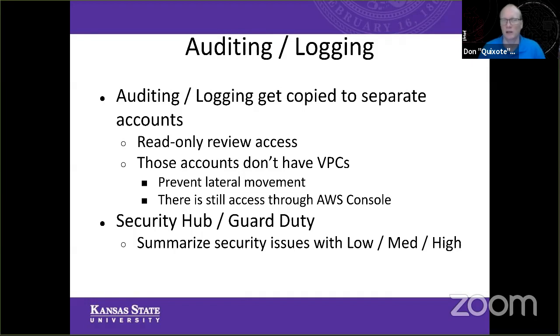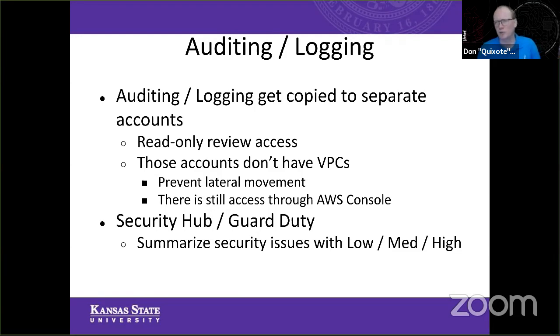And so it makes it harder, if we do have problems, to cover tracks, or for accidental deleting or something like that. Those accounts don't have VPCs, so it prevents lateral movement from the actual production loads. We still have access through the AWS console, and you actually have to be able to look at logs for them to be useful.